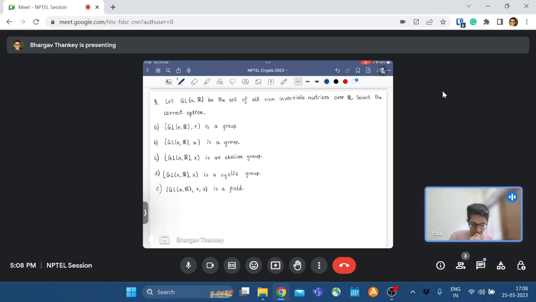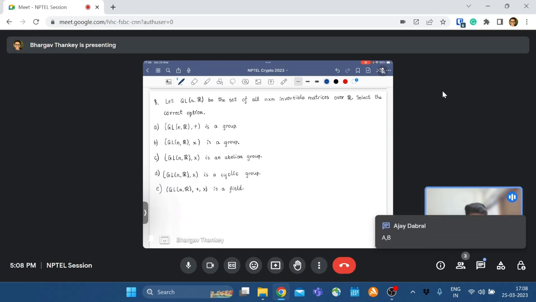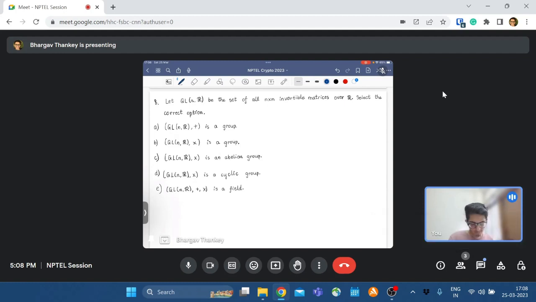Option B is GL n comma R with multiplication operation is a group. Option C is GL n comma R with product operation is an abelian group. Option D is GL n comma R with product operation is a cyclic group. And option E is GL n comma R with plus and product operation is a field. So which of these are correct?